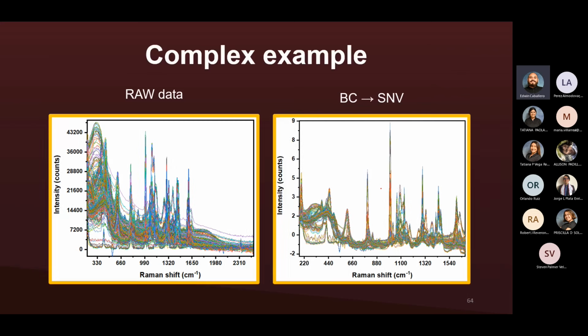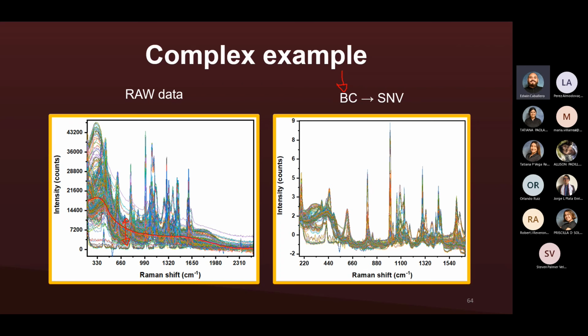Now, with a complex example, like the one I have right here, I have a lot of raw data, and I can see that the data has a bit of a curved, sloped baseline. I can also see that there's a lot of scattering in my data, right? There's a lot of variation in intensity. So two things that I can use are baseline correction to correct the slope, and then SNV to reduce the scattering.